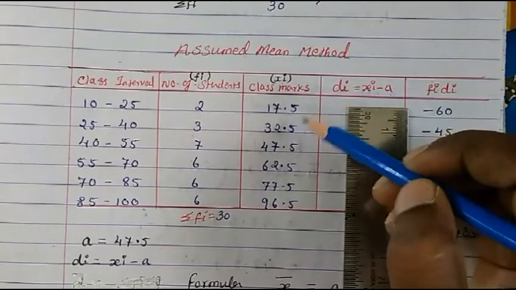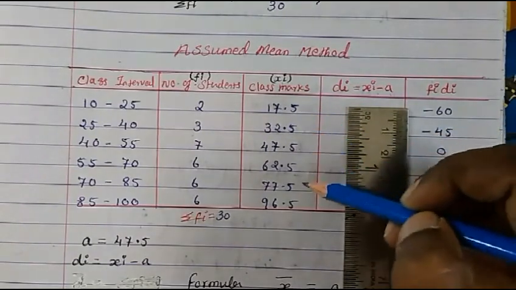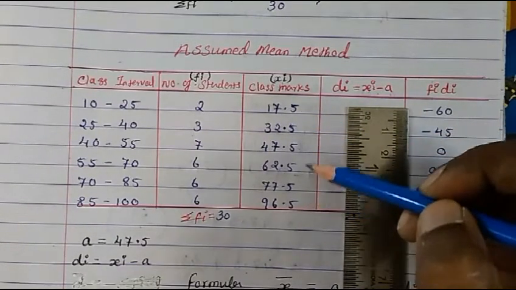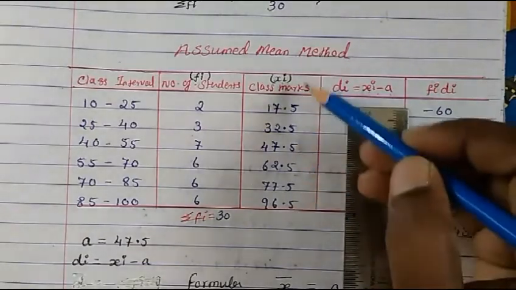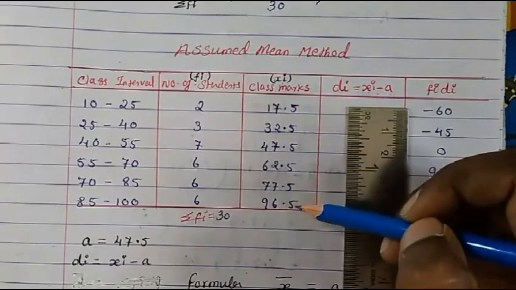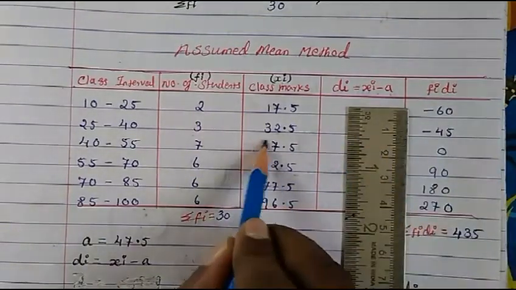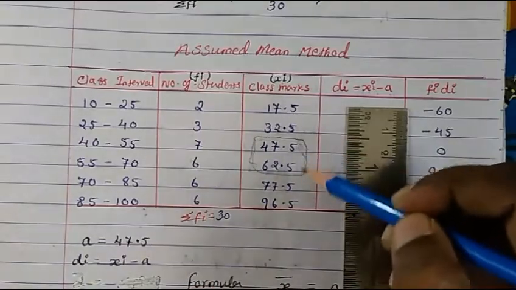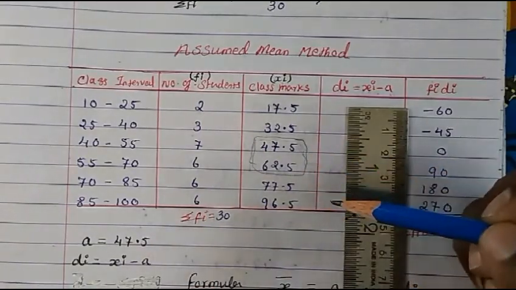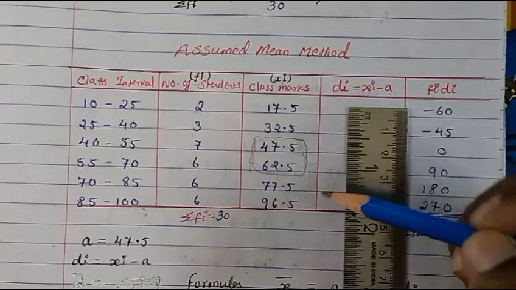Here how many numbers are there? 1, 2, 3, 4, 5, 6 numbers are there. The value of a we have to take from exactly the center. Since there are 6, exactly in the center two numbers will come, because it is an even number. With an odd number it is easy for us, we get the exact center number.